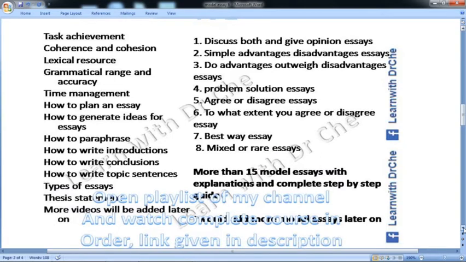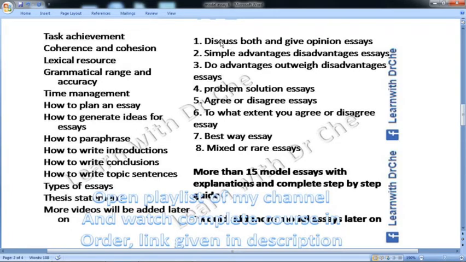This is an overview of my course. As you can see, I have started from the 4 assessment criteria, the writing criteria, the marking criteria that the examiner would look for in your essay. Then time management, how to plan, generate ideas, paraphrasing, write introductions, conclusions, topic sentences, and many more videos. Then I would go for each type of essay.